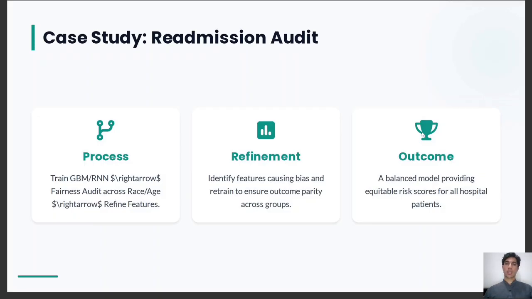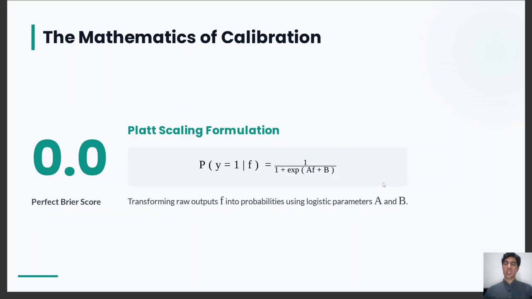Then the case study is the readmission audit, the model that we trained in the previous lecture. We processed data, we refined it, and the outcome was a balanced model providing equitable risk scores for all hospital patients. Then there is the mathematics of calibration, the Platt scaling formula, where we use the Brier score, which judges the accuracy of a probabilistic prediction.